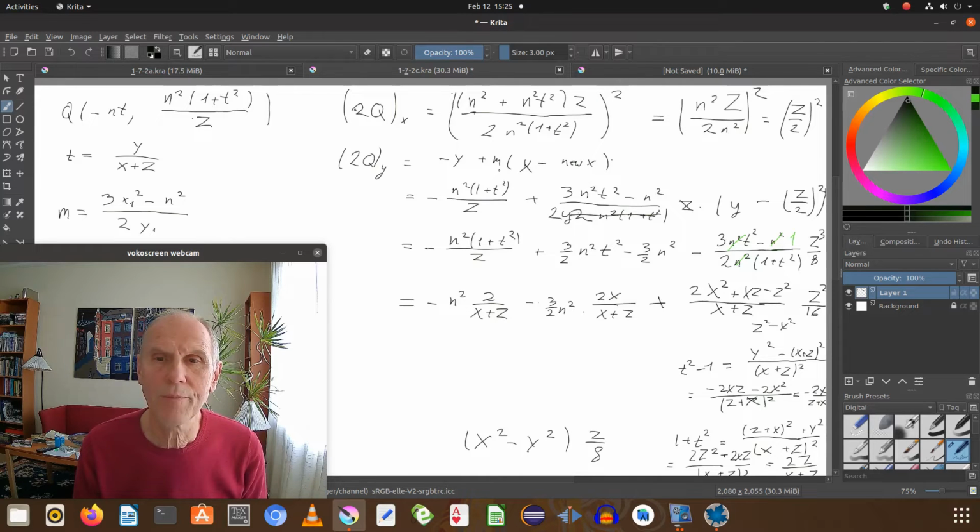So m has dimension length. Where did I compute m?